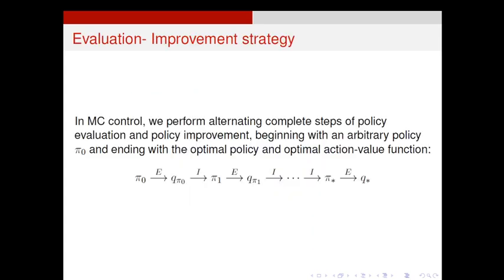As in the case of MDP, we show this as an evaluation improvement structure. This is a competitive and cooperative scheme. Initially we start with a policy pi naught. Then using this pi naught, I evaluate q pi naught, not v pi naught. In the case of an MDP, it is v pi naught, not q pi naught.